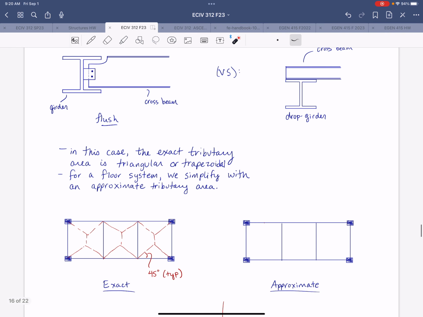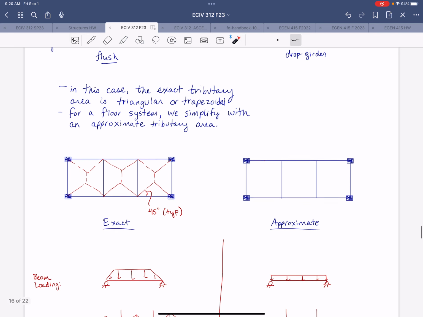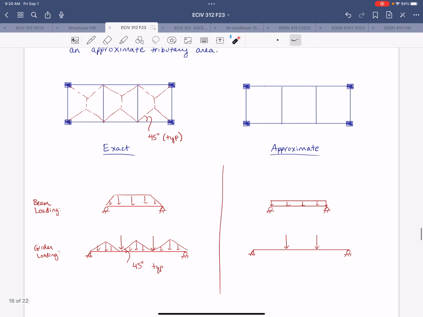So this is an example of what the actual tributary area divisions would look like for a flush system. If these would be the girders, supporting beams in this direction, those girders would technically take on some of that floor surface load. And then the actual loading on the girder would look something like this.